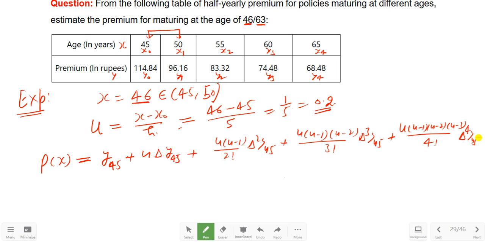There are no further terms, because the total number of x arguments is 5, so 5 minus 1 is equal to 4. So the maximum is the fourth order forward difference present in the difference table.